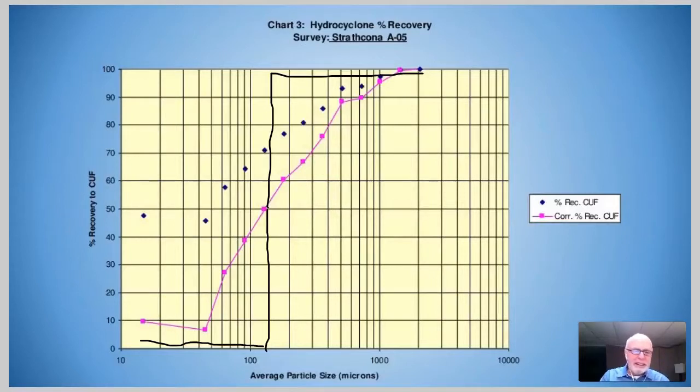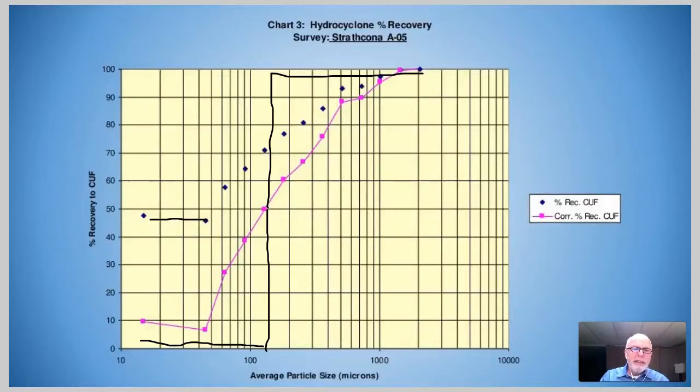The greatest cause of the imperfection is the bypass fraction. You can see that these fine points, the recovery of the finer size fraction, levels off in this case at around 45%.